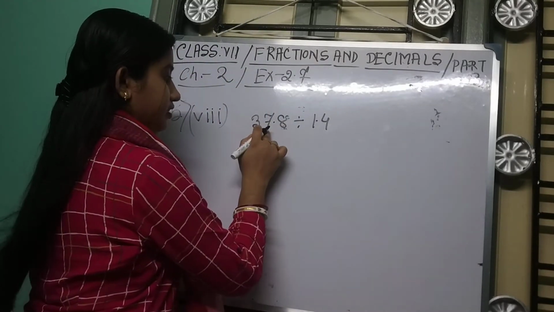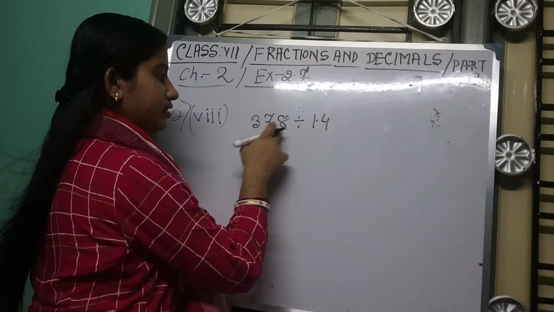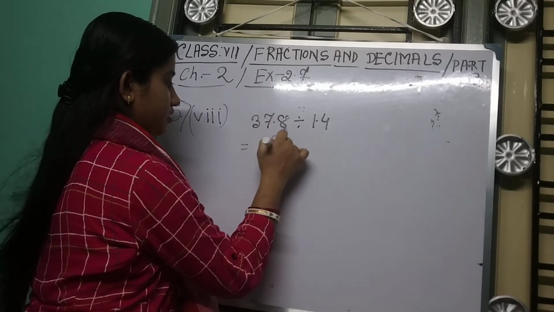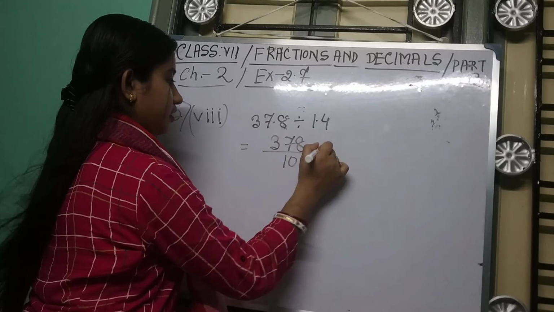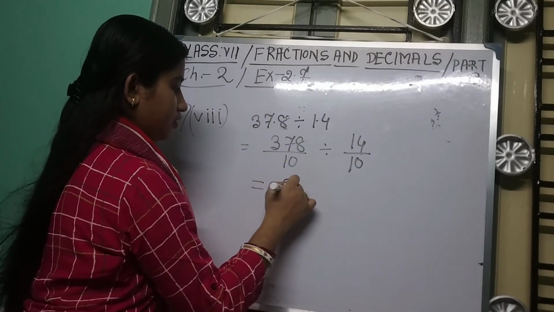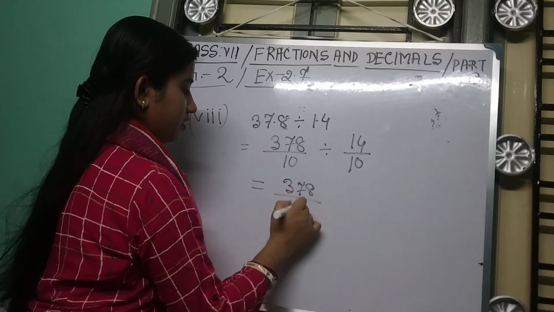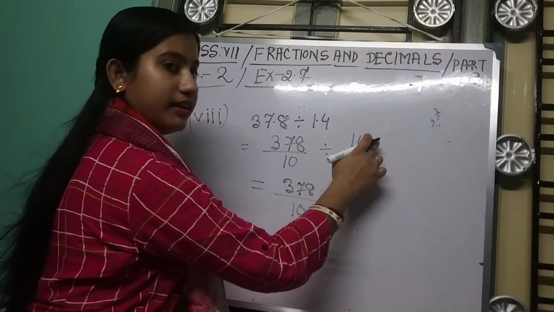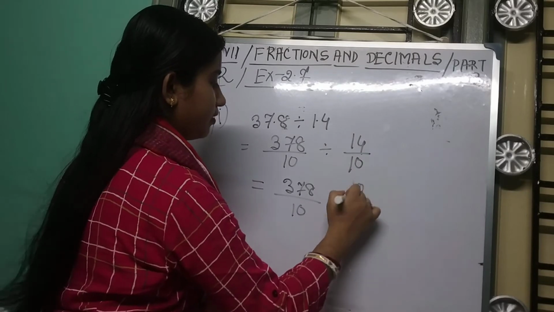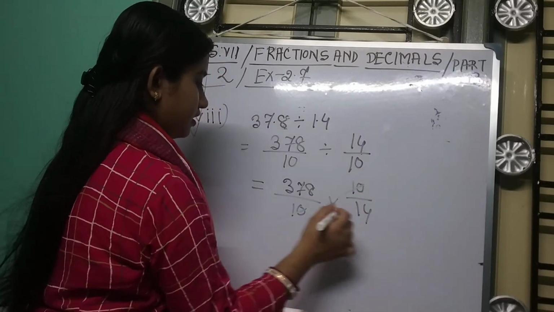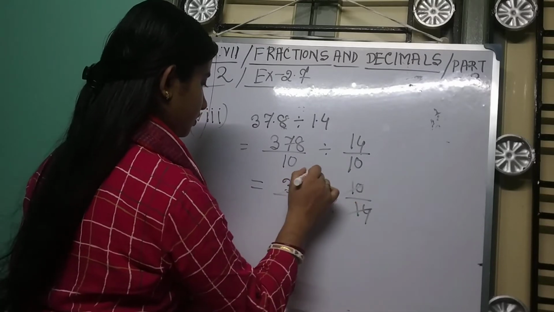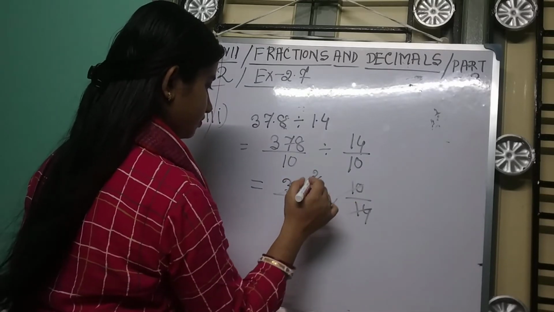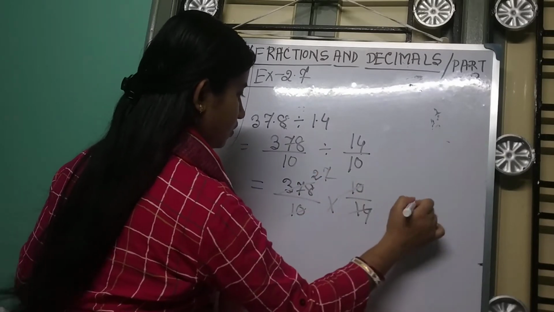So we should convert this and this into fractions. So this is equal to 378 by 10 divided by 14 by 10. In the next step, we convert the division into multiplication and write the reciprocal of this, that is 10 by 14. This is cancelled. This is 27.